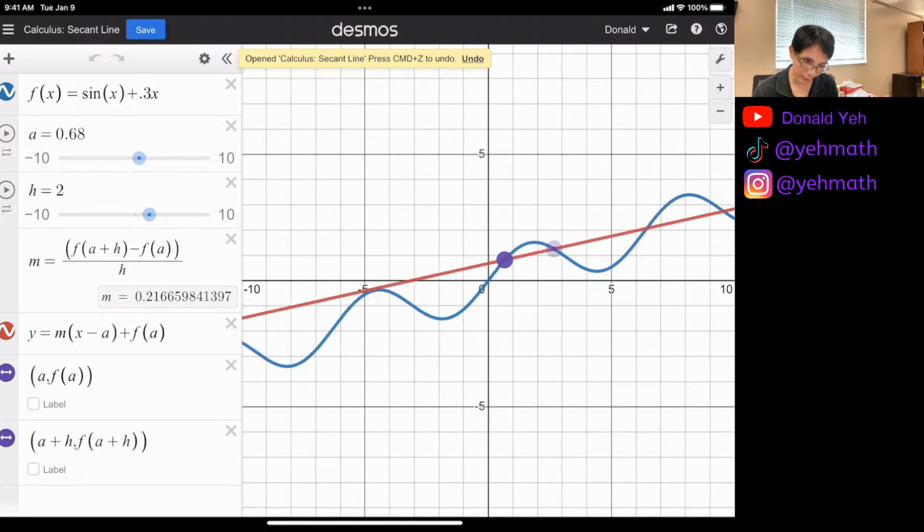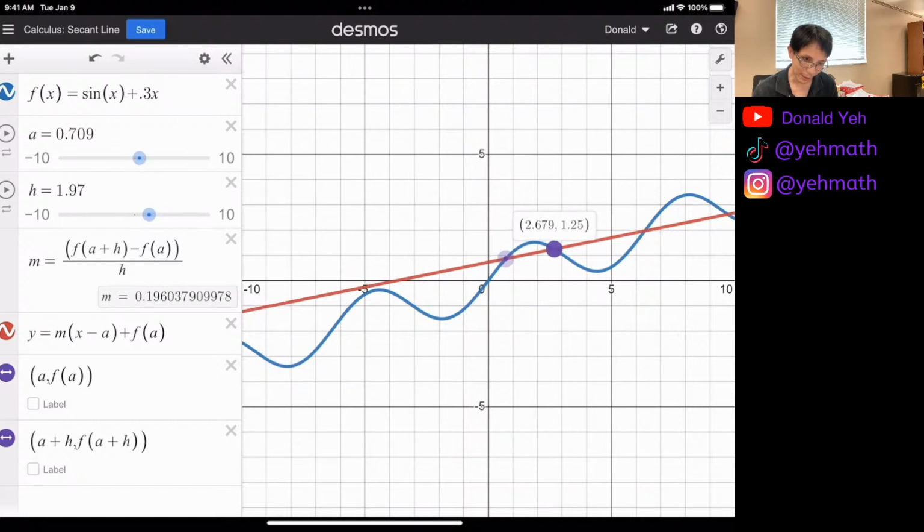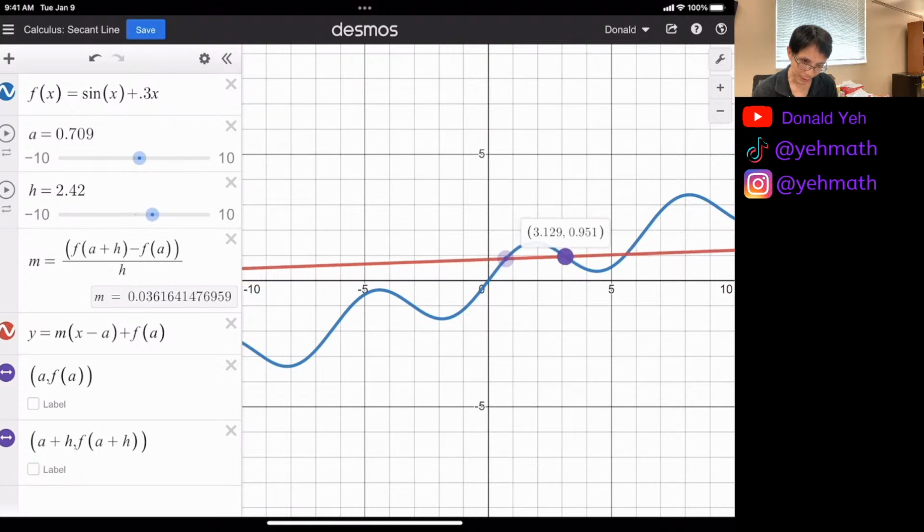You can calculate a slope at this point here, 0.709, by shrinking h. For example, this h is roughly 2.5 right here.